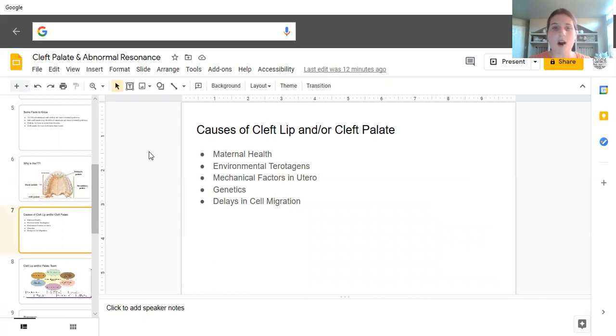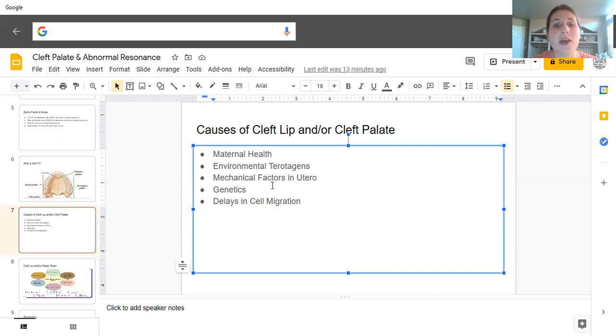So here are some causes of cleft lip and or cleft palate. With maternal health, maybe there's an infection in the mother that might transfer over to the baby. Environmental teratogens, alcohol is a huge one. Mechanical factors can happen in utero.